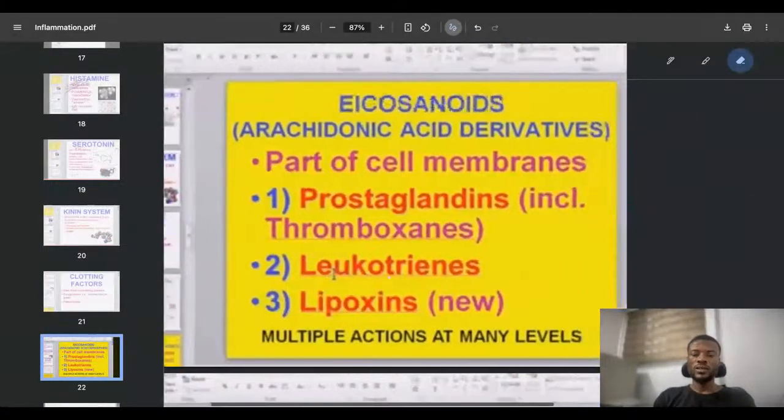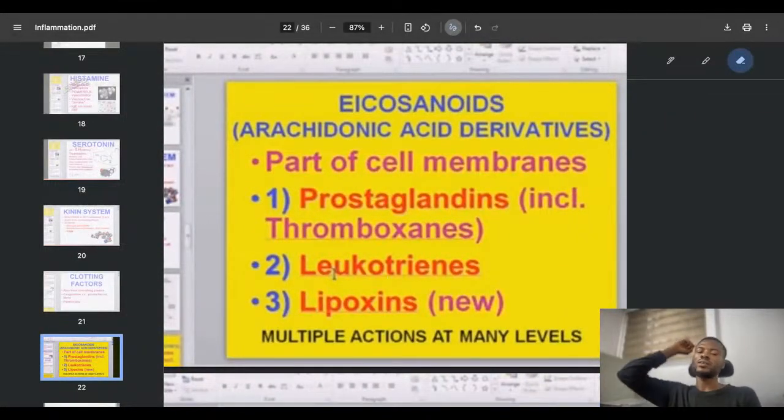We also have eicosanoids or arachidonic acid derivatives. These are produced by breaking down part of what? Cell membranes. So we mentioned that the cell membrane is a lipid bilayer. So yeah, lipid bilayer, they have the phosphate head, lipid tails, and all that.